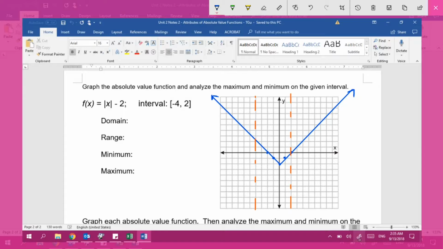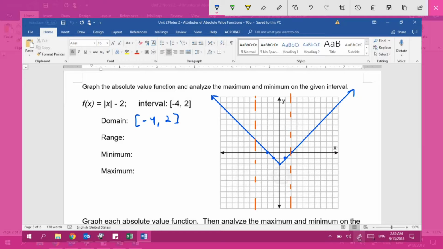All right, so first we're going to find the domain and range. The domain on the interval is just going to be negative 4 to 2. That's literally my interval because we're cutting it off right there. All right, what is the range on my given interval though?